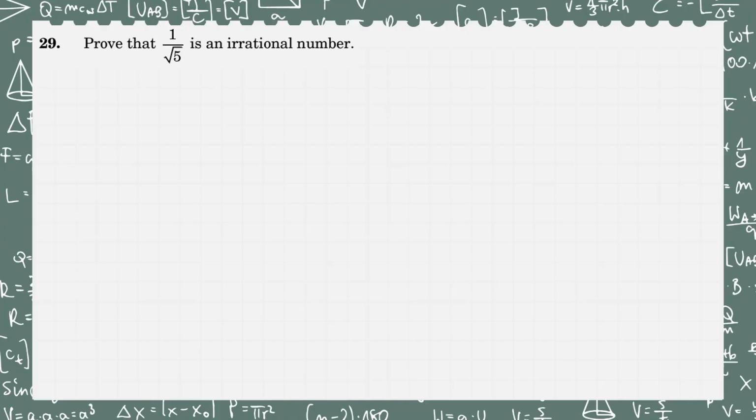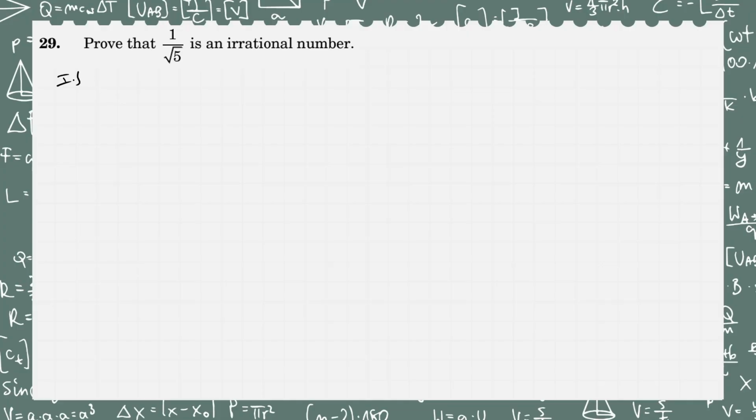We will assume that 1 by root 5 is a rational number rather, and then we will find one conflict on the way we proceed. Then we will agree that this is not possible, so the given number may not be a rational number. That's how we have been proving all these types of sums, right? So the same applies here as well.